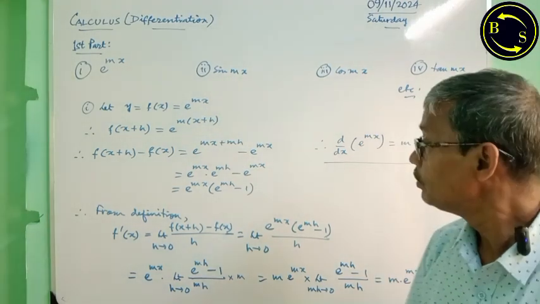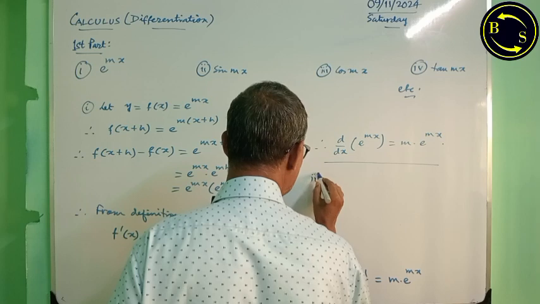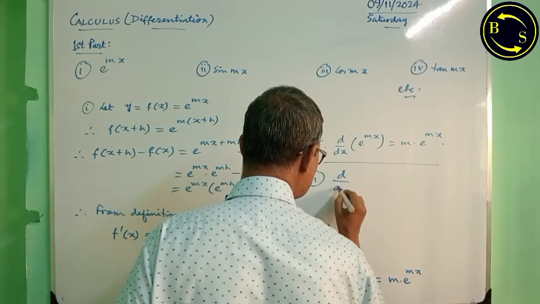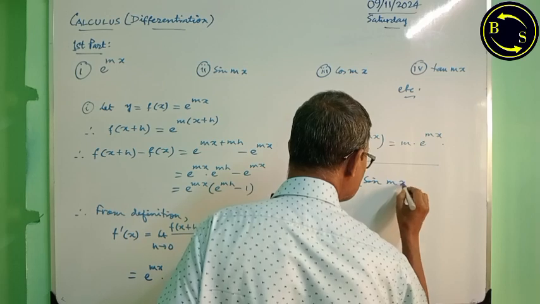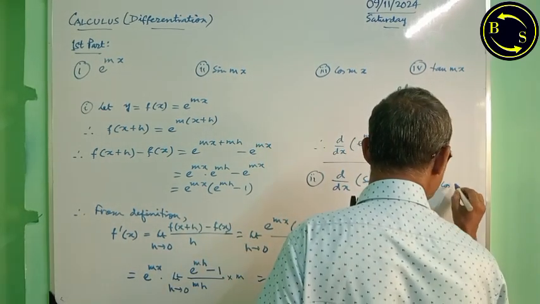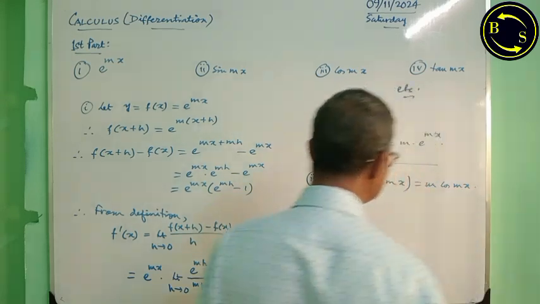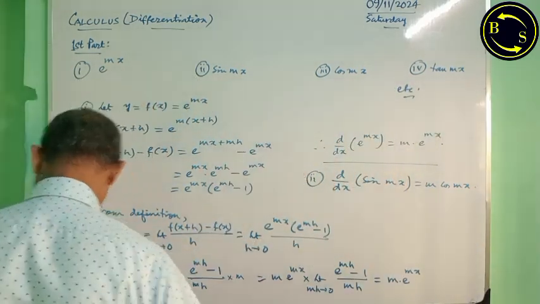And you deduce yourself. I am writing here the result. d/dx of sin mx will be equal to m cos mx. Now let me deduce that one.